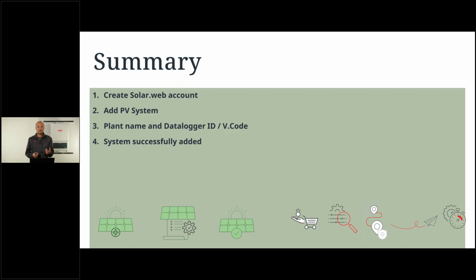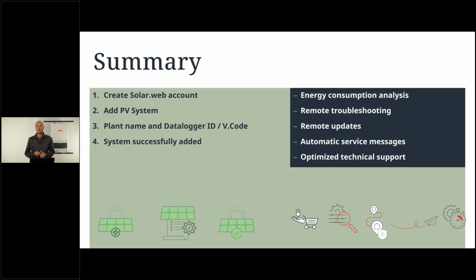Enter the plant name and data logger ID or V code, as I've shown you, and then the system is successfully added. What you can do with that is see all your energy consumption data, analyze all the data, use a remote troubleshooting feature, do remote updates, and get automatic service messages.